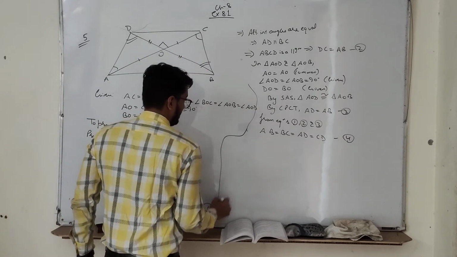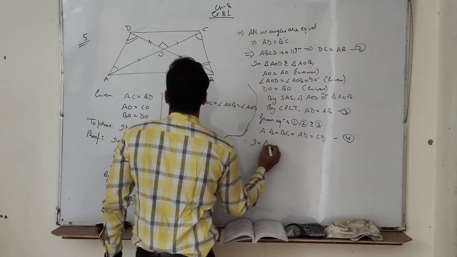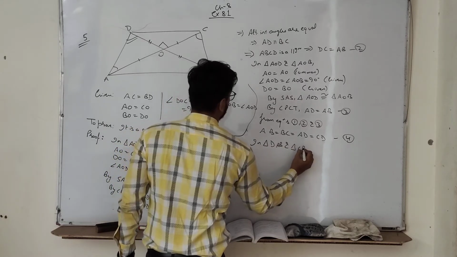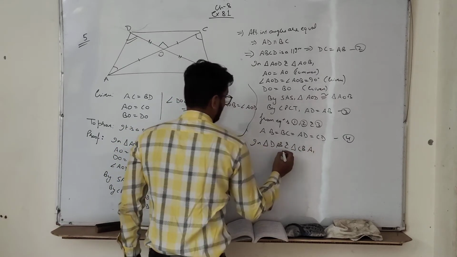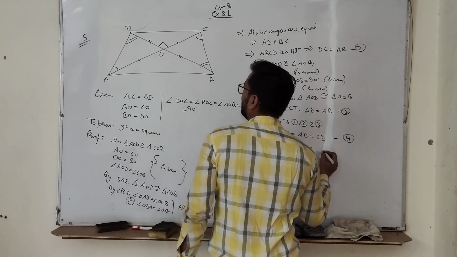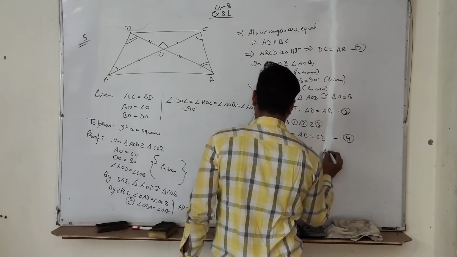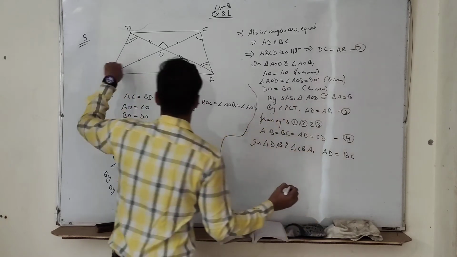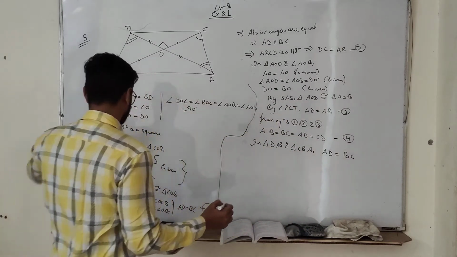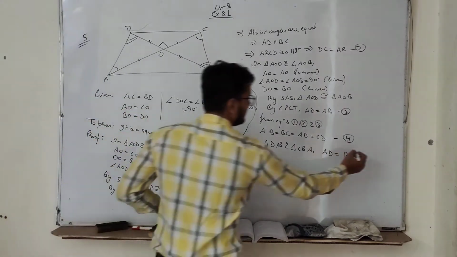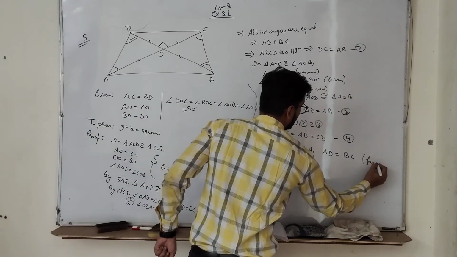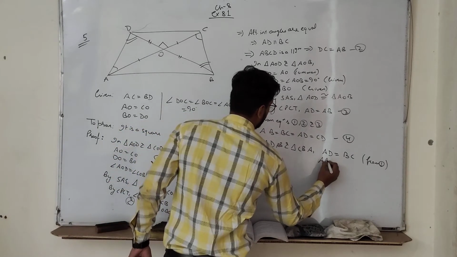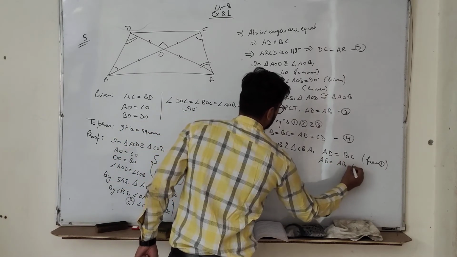So in triangle DAB and triangle CBA, we know that AD is equal to BC. This we have already proved from first. And AB is equal to AB, common.